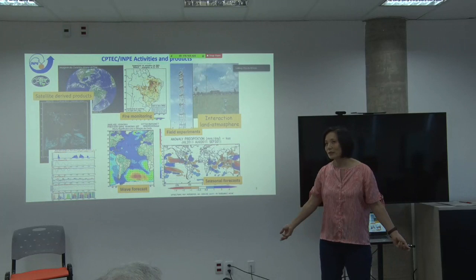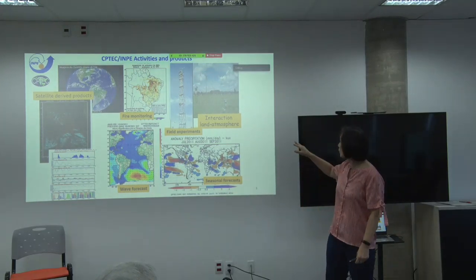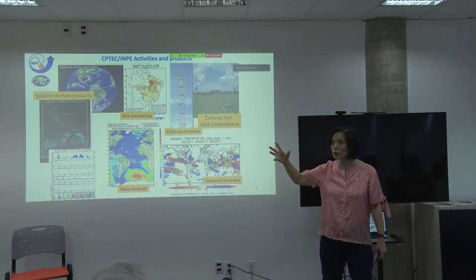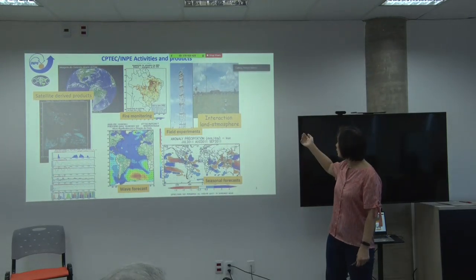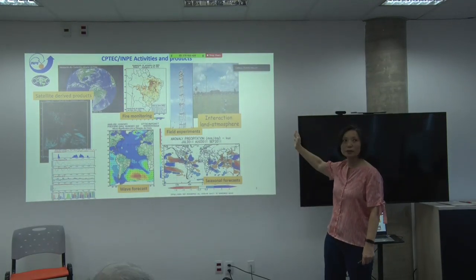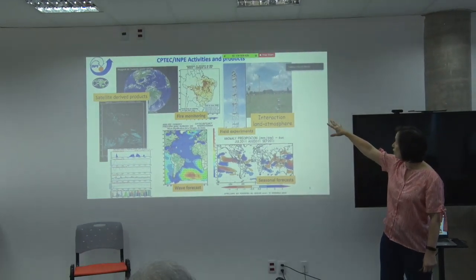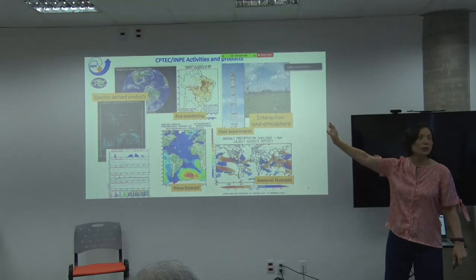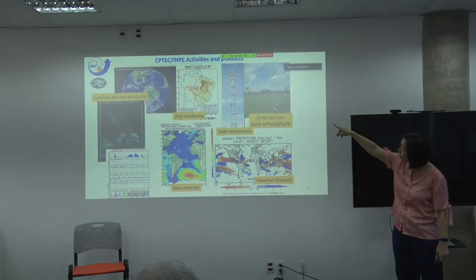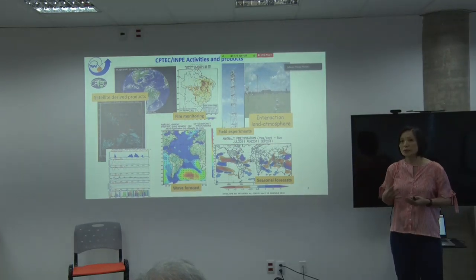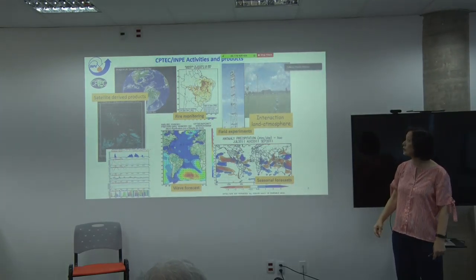Activities at Cidacs range from field campaigns, installing meteorological instruments to study land-atmosphere interactions, to satellite or radar remote sensing. That map is for fire monitoring, from satellite remote sensing.